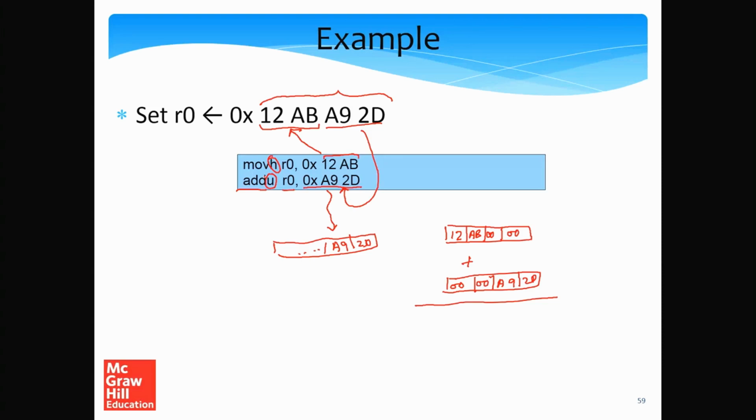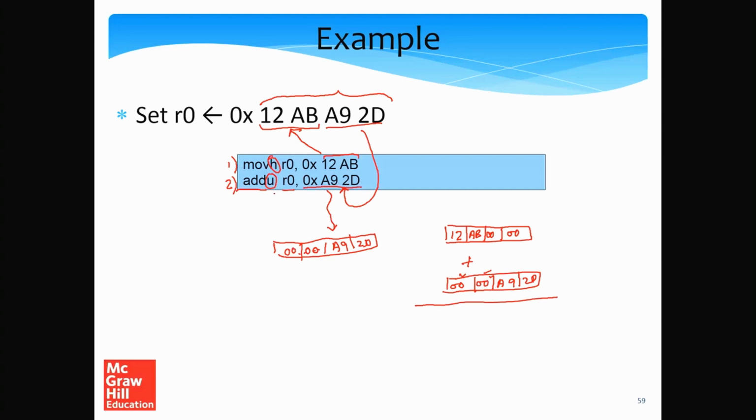So in this case, this is instruction 1 and this is instruction 2. In the second instruction, we use the U modifier to actually expand A9 2D internally into 0, 0, 0, 0, A9 2D, and the upper two bytes are 0, 0 and 0, 0, which is exactly what we want. Had we not given the modifier, we would have gotten the wrong answer.